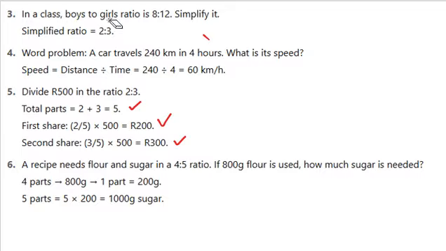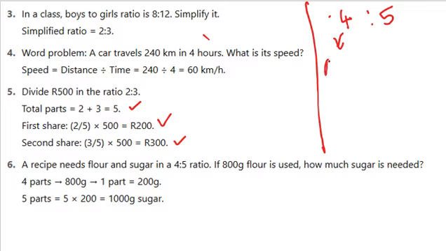So this is a bit different. We are only told about flour here. I don't know if you noticed that. A ratio of 4:5 is for both sugar and flour.